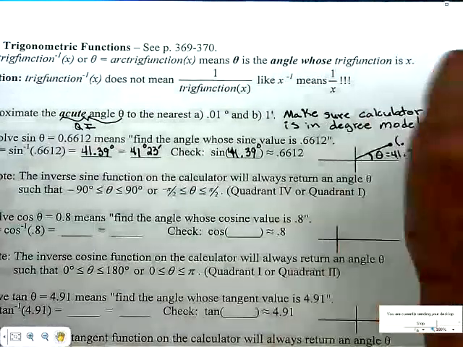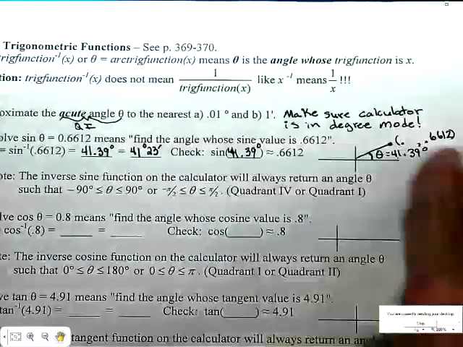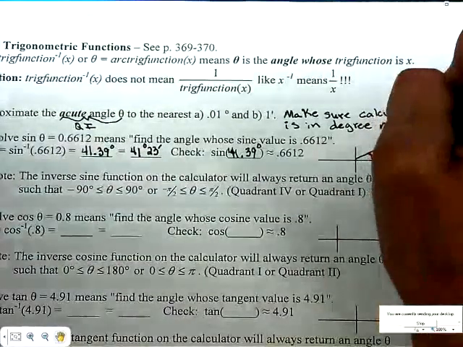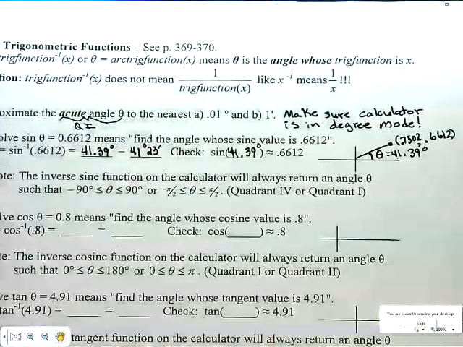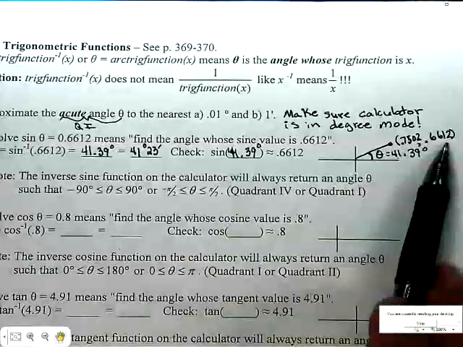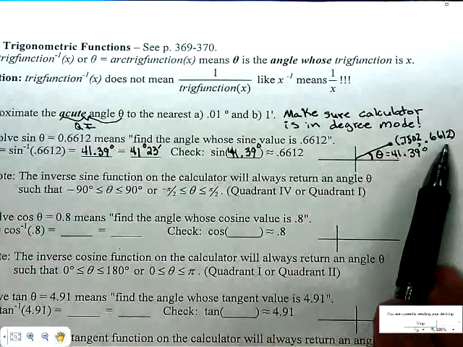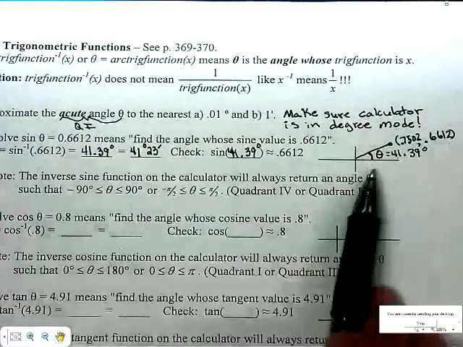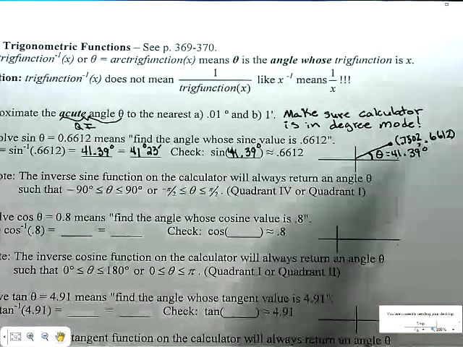Give me 4 decimal places like I have for the y. 0.7502. So that 0.6612 is not an angle measure. It's not degrees. It's not radians. It's the y-coordinate of a point on the unit circle. And we've used inverse sine to find the angle whose sine was 0.6612.